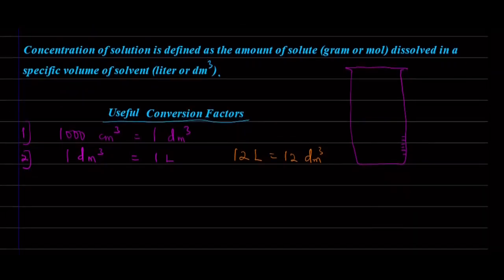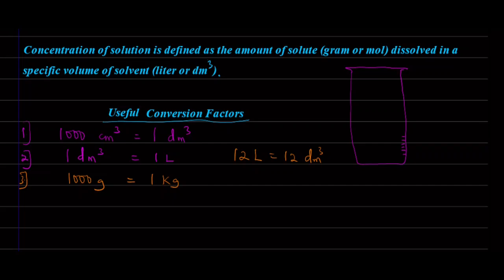Another conversion factor is 1000 gram is equal to 1 kilogram, which is useful for the chemical units we are going to look at in the next section of this video.